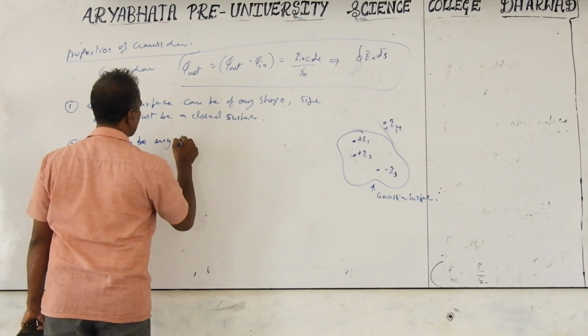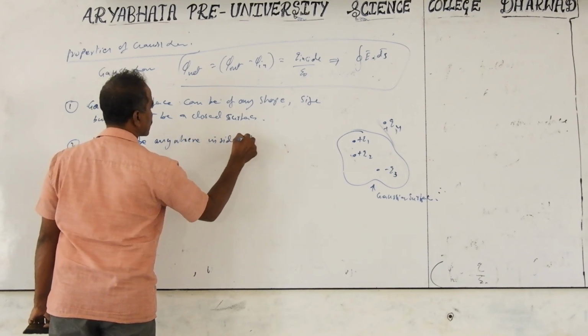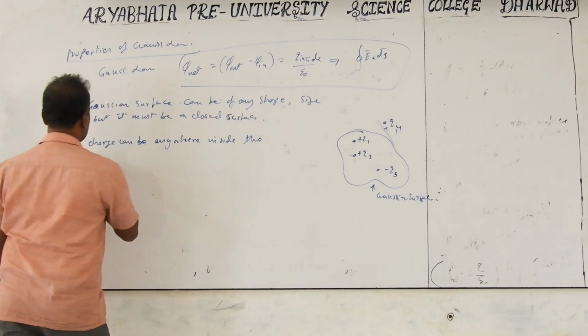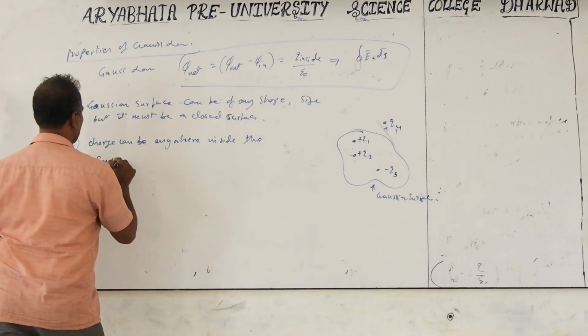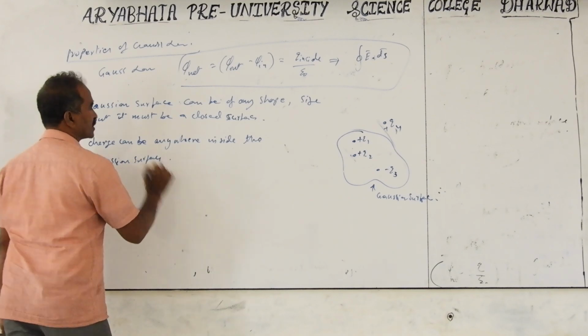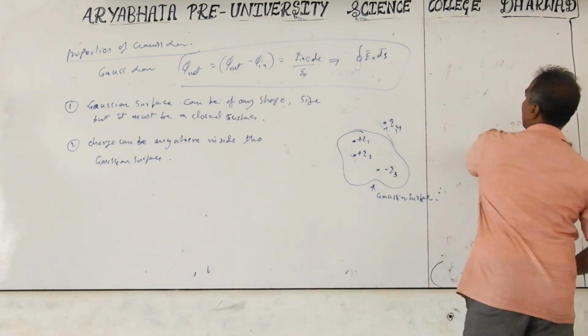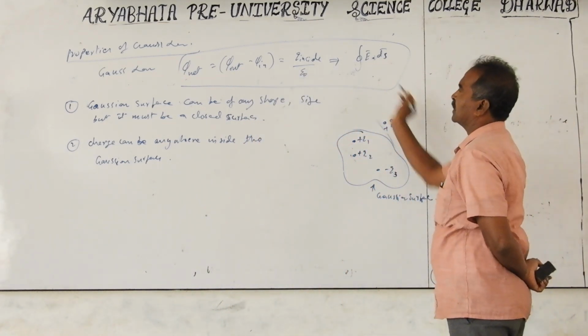Charges can vary inside the Gaussian surface, and if you change the position, it also does not affect the result.